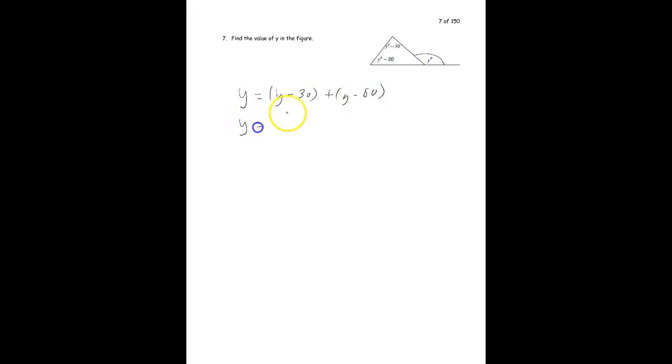That gives us y equals 2y minus 110. We'll move the 110 to this side and this y to that side. So we get 110 equals y, and that is the answer.